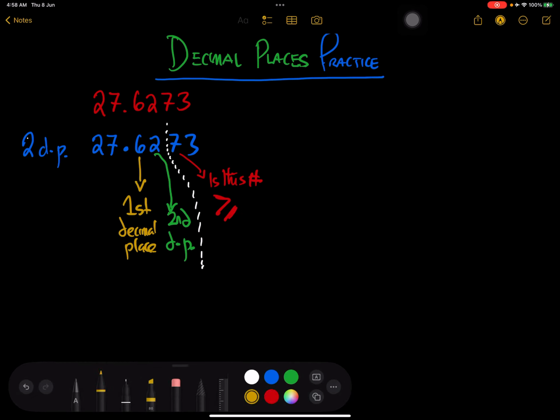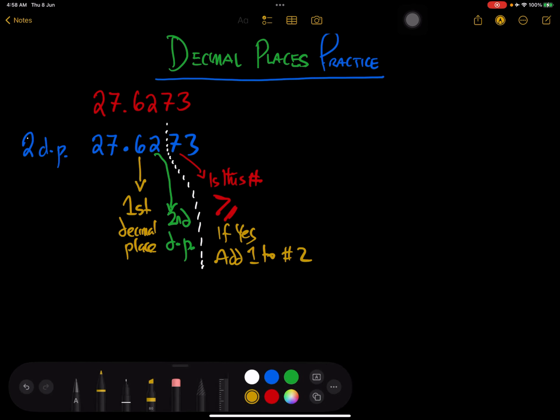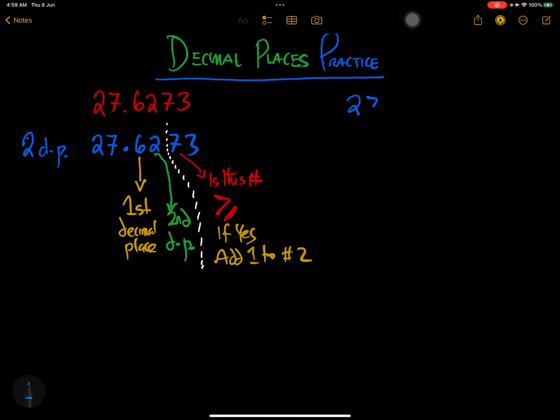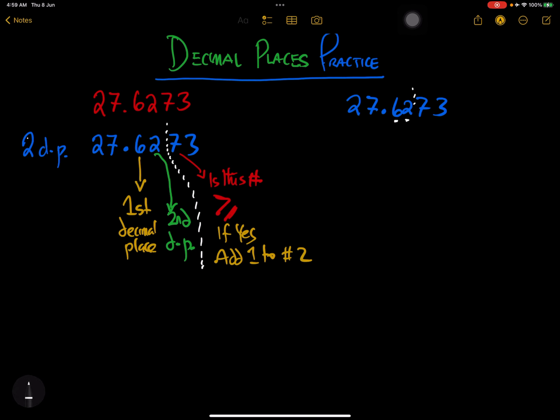And you and I know that the answer is yes. If yes, add 1 to the number 2. 7 is greater than 5. So we have 27.6273, and we drop the dotted line after the first and second decimal places.